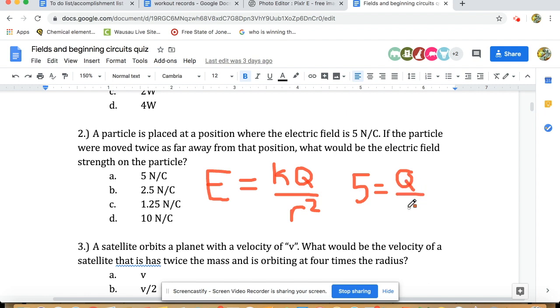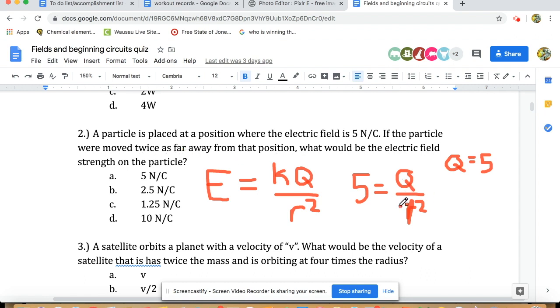All right, so what we could do is just put 1 in for R. So that means that Q would equal 5. Then we're going to double that distance.